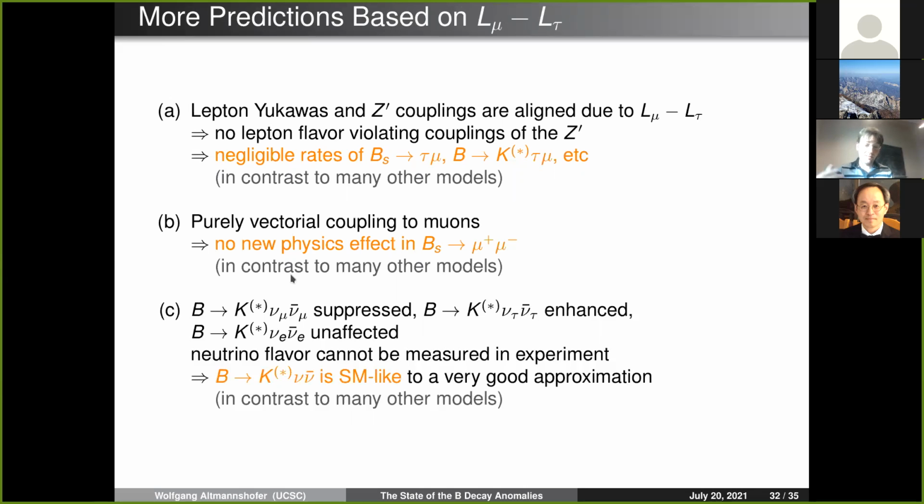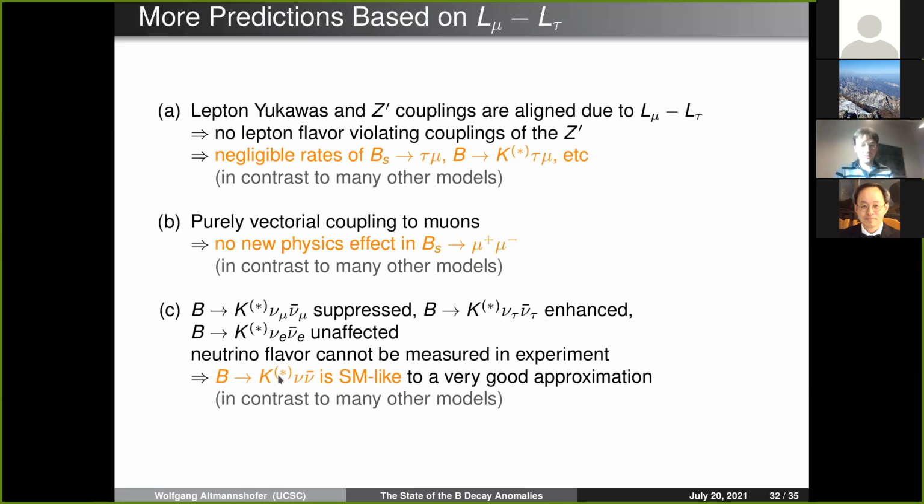Another interesting thing is that if you look at decay modes with neutrinos in the final state, so B to K nu nu or B to K star nu nu, in this Lμ−Lτ model, the muon neutrinos are suppressed, the tau neutrinos are enhanced, and the electron neutrinos are unaffected. But because one cannot measure the neutrino flavor in the experimental setup, one just sums over the various neutrino final states, and then one gets something which is actually standard model-like, because the suppression of the muon neutrinos is exactly counterbalanced by the enhancement of the tau neutrinos.